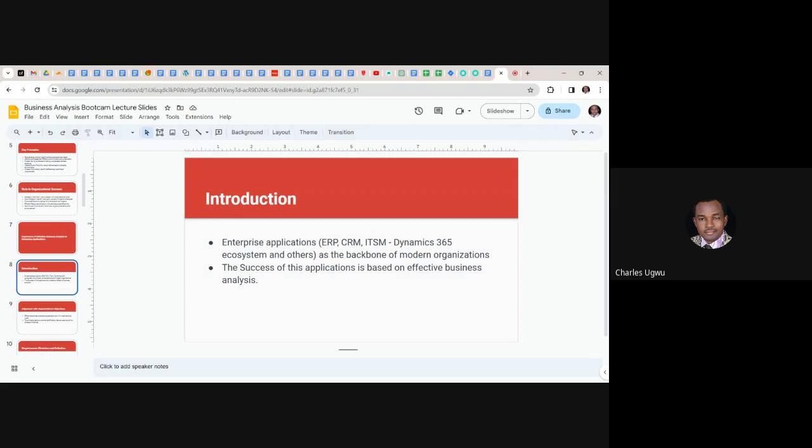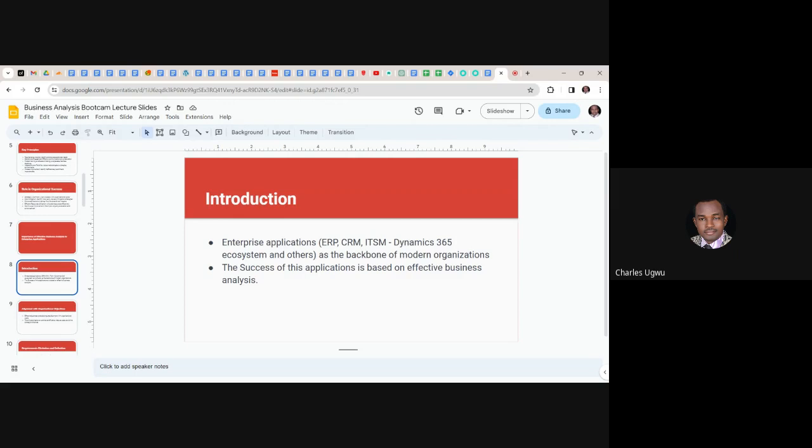People can be in the comfort of their own home and receive quality education. That is a complement of enterprise application. So that's why enterprise application is everything in business.